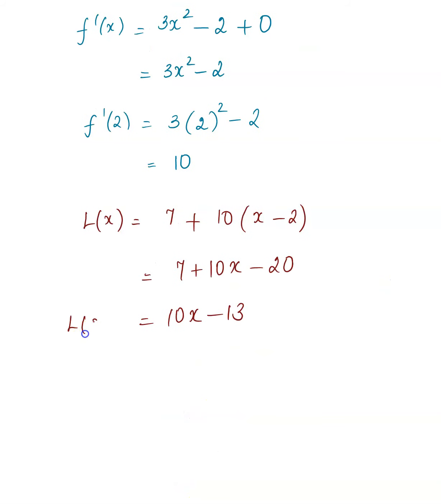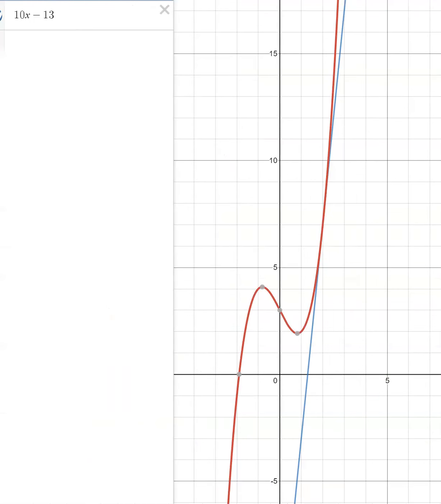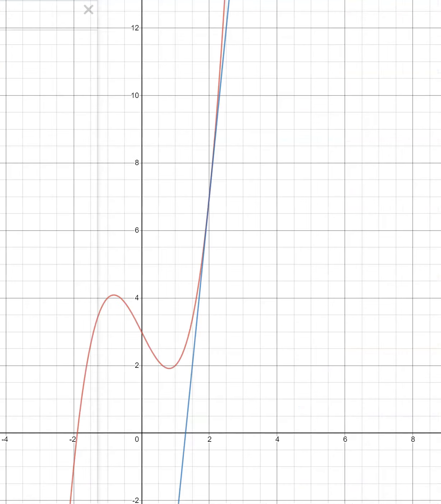So your L of x, the approximation of this cubic function at 2, comes out to be the line 10x minus 13. In fact, that's what I had graphed here. I don't think you can see the complete equation that I've written to get this graph, but you can see that we got the equation of a tangent line at x equals 2 for this approximation.